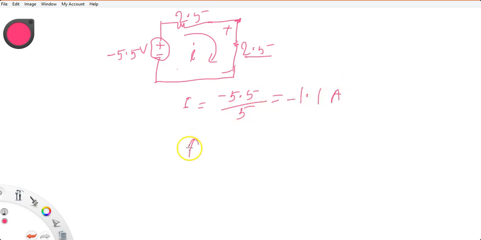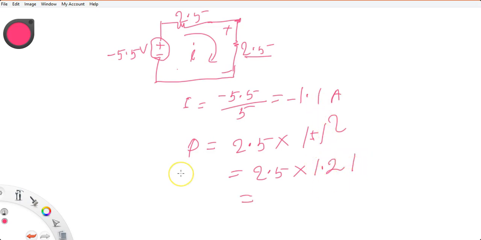So your maximum power is 2.5 into magnitude of I squared, that is 2.5 into 1.21, which will be 3.025.